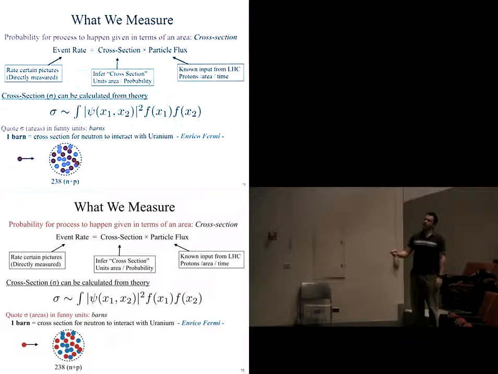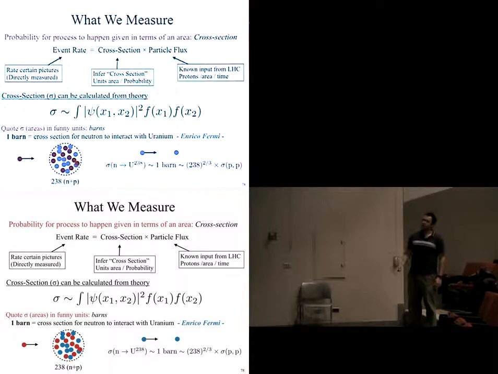And you can work out, just by dimensional analysis, the kind of thing that we did last week, what the probability in this unit would be for two protons to interact. Right? If this is a barn, and this is made of 238 protons, okay, so a neutron is just like a proton, it's roughly the same size. Well, this thing is just a bunch of the protons together. And so you can work out the geometrical factor, or you can calculate what the radius is.